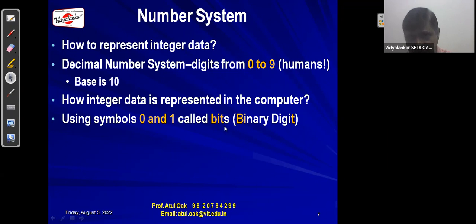It stands for binary digit. You can see BI stands for binary, and this T is the last letter of the word digit. So it is called BIT, that is bit, and plural bits. So all integer data we represent in a computer using bits. Okay, 0 bit and 1 bit.